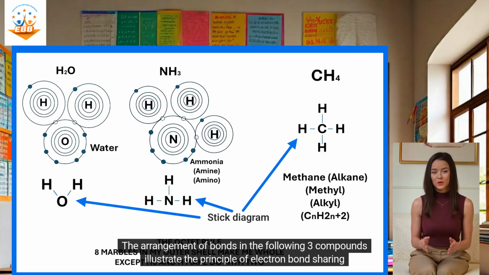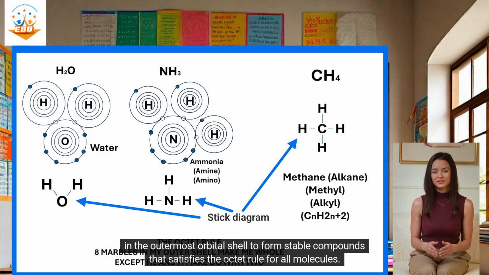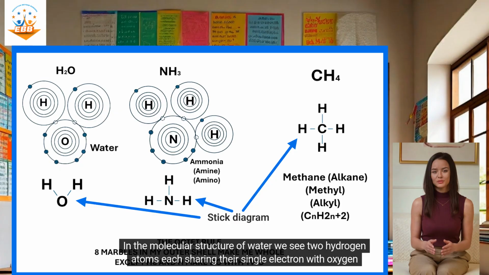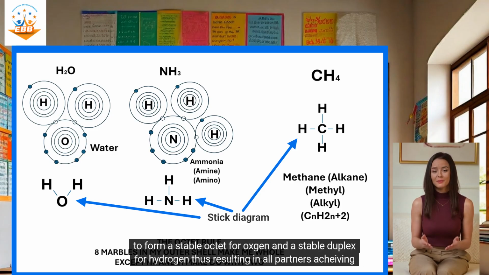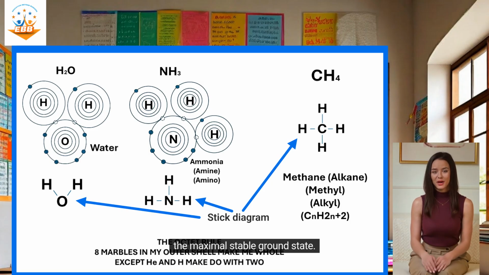The arrangement of bonds in the following 3 compounds illustrates the principle of electron bond sharing in the outermost orbital shell to form stable compounds that satisfy the octet rule for all molecules. In the molecular structure of water, we see 2 hydrogen atoms, each sharing their single electron with oxygen to form a stable octet for oxygen and a stable duplex for hydrogen, thus resulting in all partners achieving the maximal stable ground state.